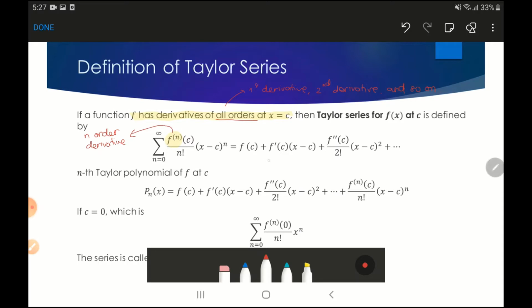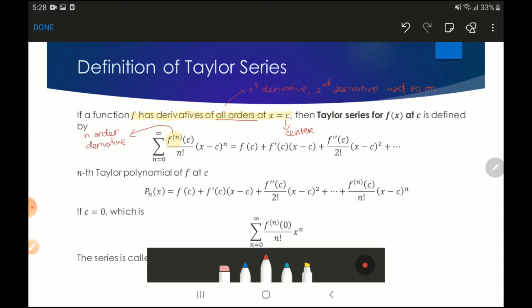If we expand this series, we will get f(c), which is our function evaluated at the center c. We say c here is the center, the same center we talked about in power series.